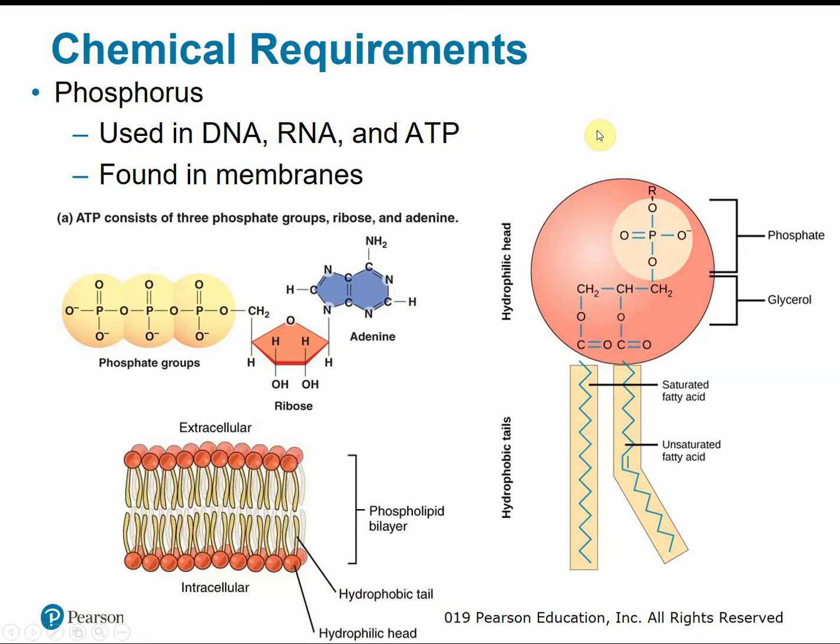Phosphorus is a very important chemical requirement. It's used in DNA, RNA, and ATP, as well as forming the basis of the cell membrane. Remember, the cell membrane is a phospholipid bilayer. A phospholipid has a phosphate, or phosphorus, attached to that fatty acid chain. It's also going to form the P in ATP, so adenosine triphosphate has those 3 phosphate groups.